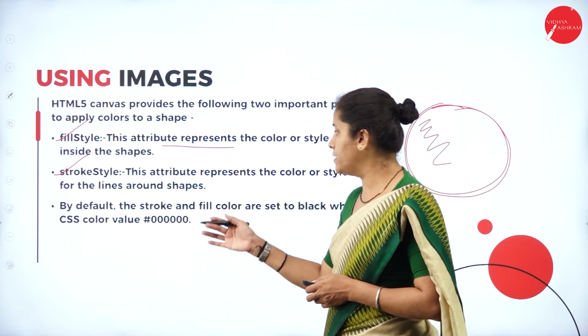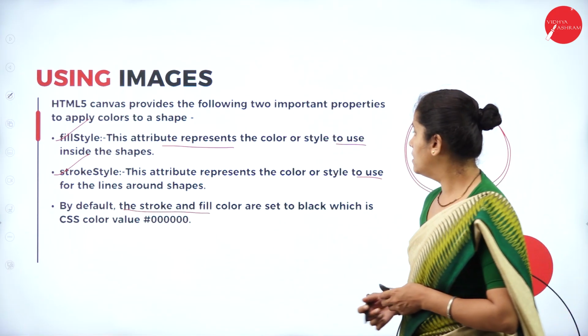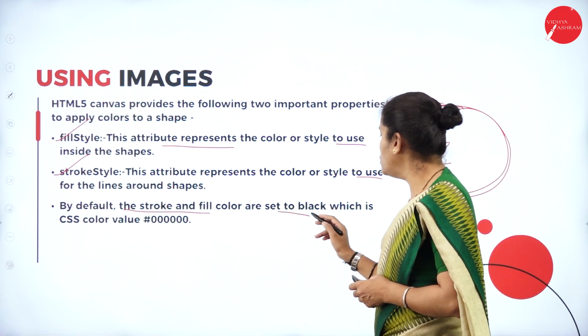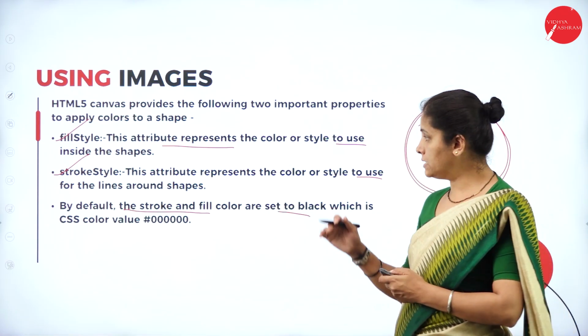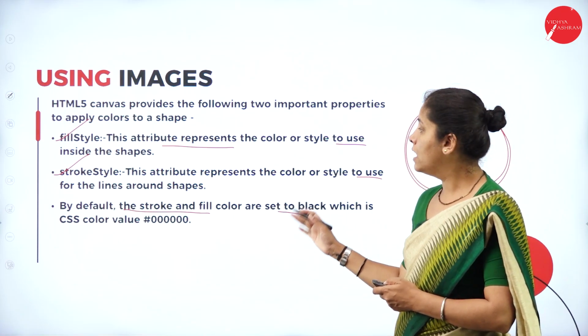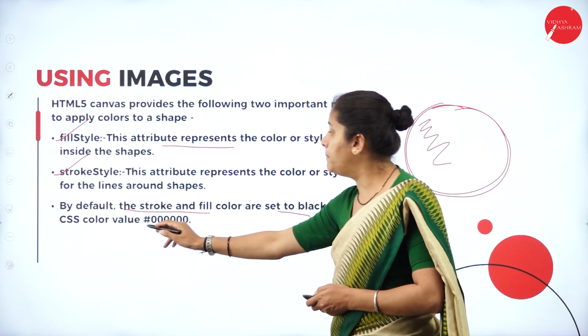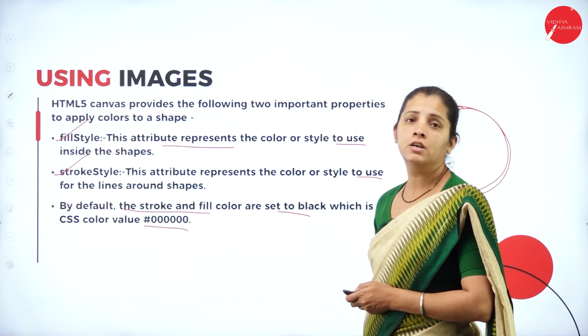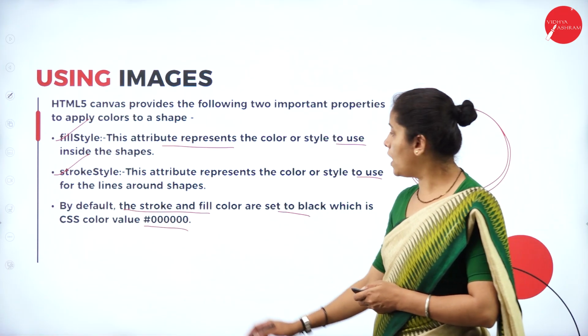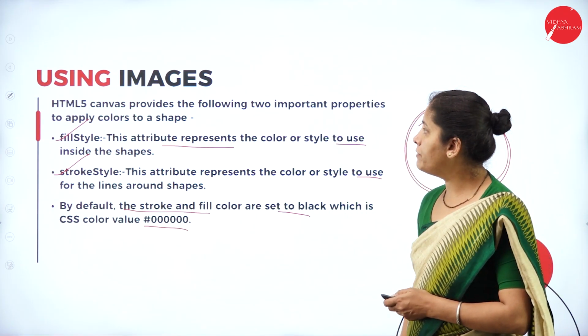If I consider the default value, the stroke and fill color are set to black. By default, the color is black. The hexadecimal code for black is #000000, so you have to write the 0 six times.